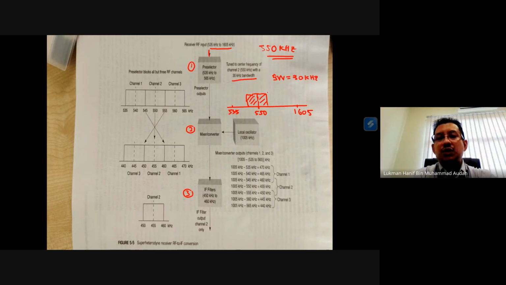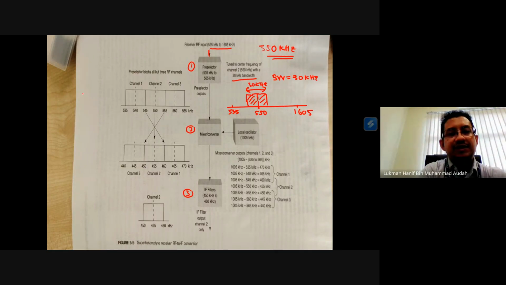The 30 kilohertz is actually this bandwidth. It will only let pass through 30 kilohertz in this example.